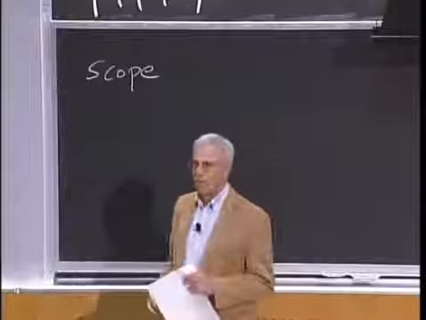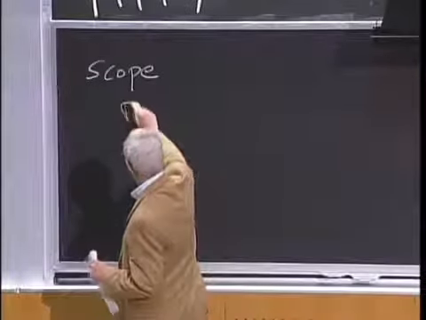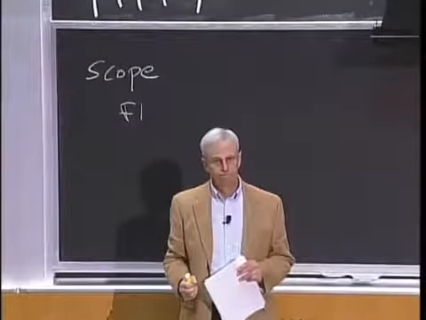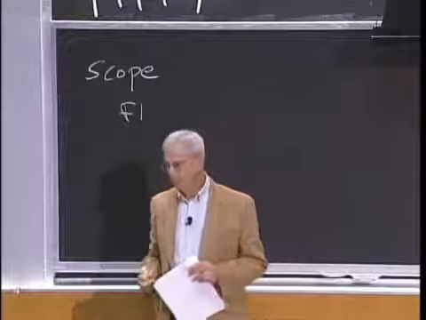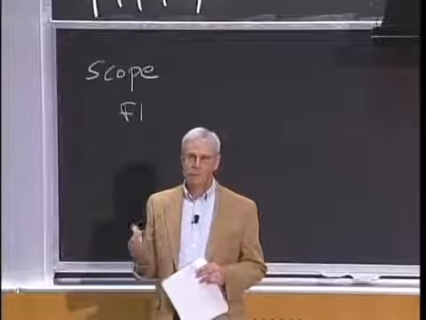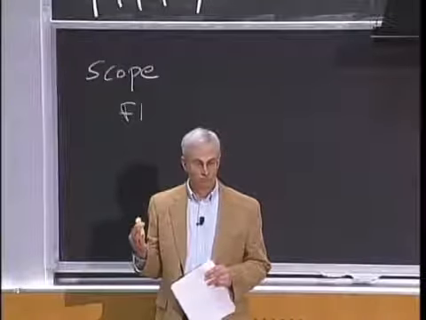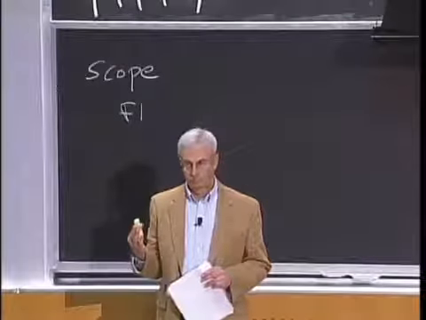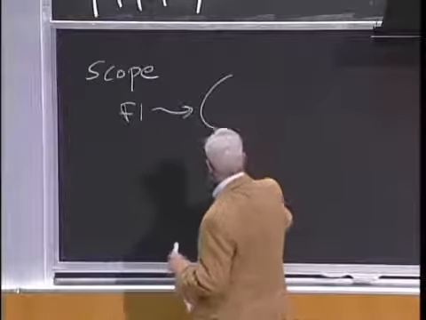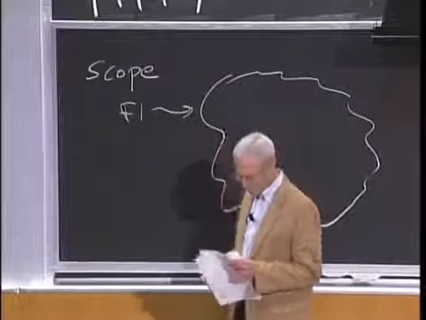So in the outermost scope, it will first find the name F1. And it will tell me that F1 maps to an object that happens to be a function. So it will come over here and it will map, and I'm just going to draw some picture. We'll assume that's kind of the memory of the computer.